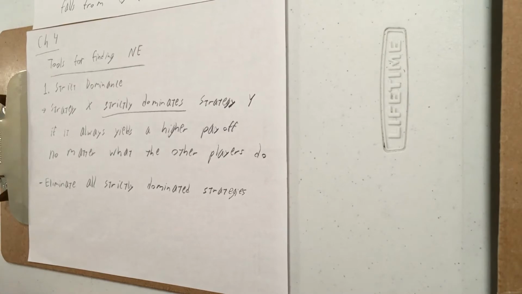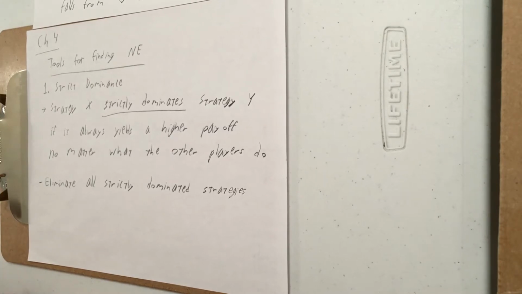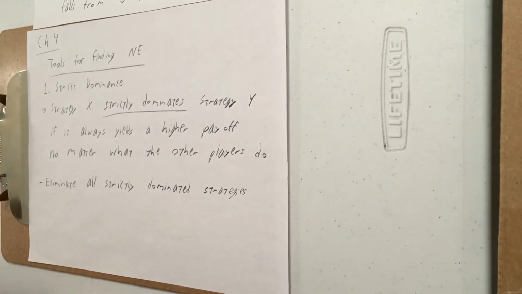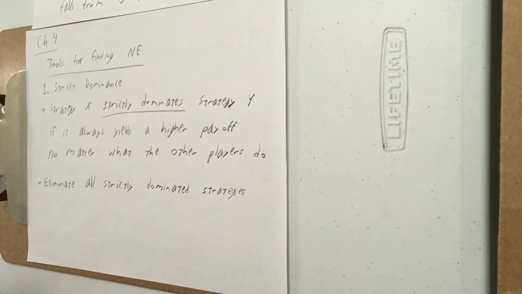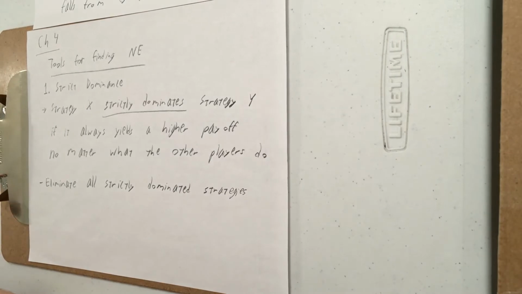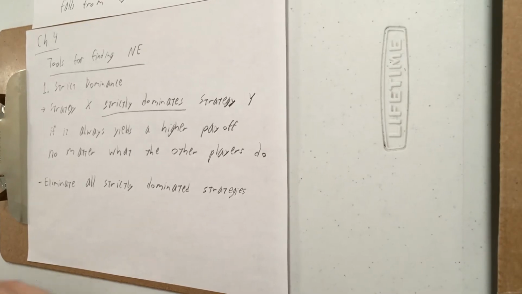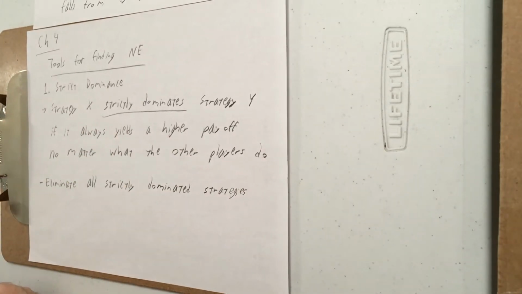So let me try to be clearer here. A Nash equilibrium is never strictly dominated. So if I get rid of strategies that are strictly dominated, I'm just simplifying my task. I know I'm not eliminating a Nash equilibrium, so by removing things that are not equilibria, I can narrow my focus on which outcomes possibly could be an equilibrium.